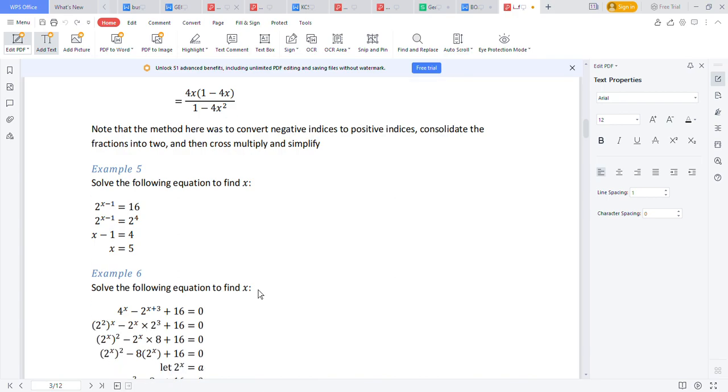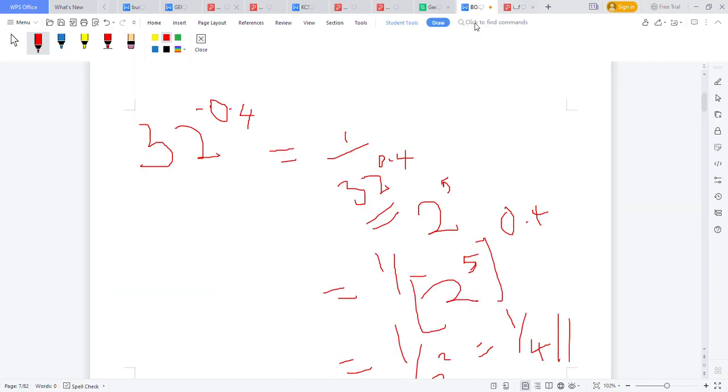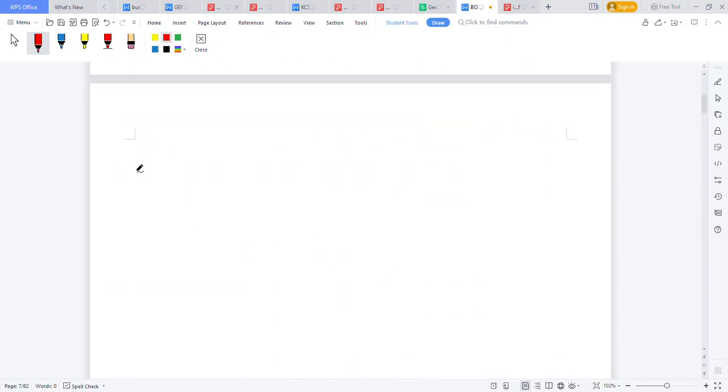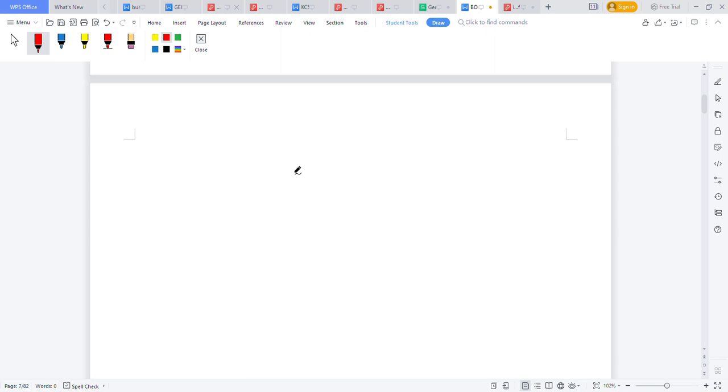Example 5 is a very simple question. You are given 2 raised to x minus 1 is equal to 16, and you are told to solve for x. This is very simple. 16 is the same as 2 raised to power 4.